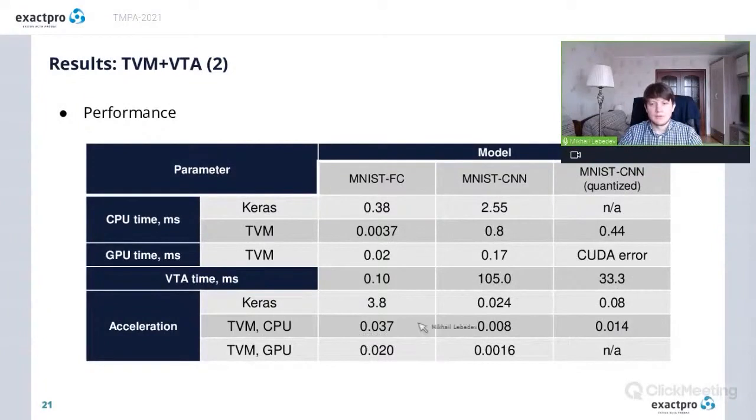So we tried to optimize and quantize the convolutional model, but we haven't achieved significant acceleration for it.